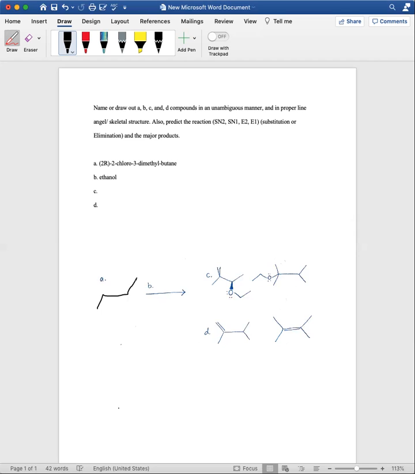So okay, I'm going to start from here. This is my number 1, this is 2, this is 3, and this is 4. Okay, so I'm going to draw 2 methyls here. Okay, very good.